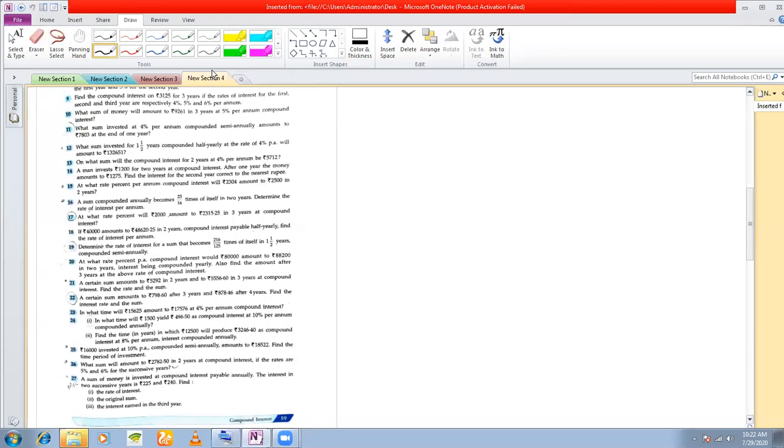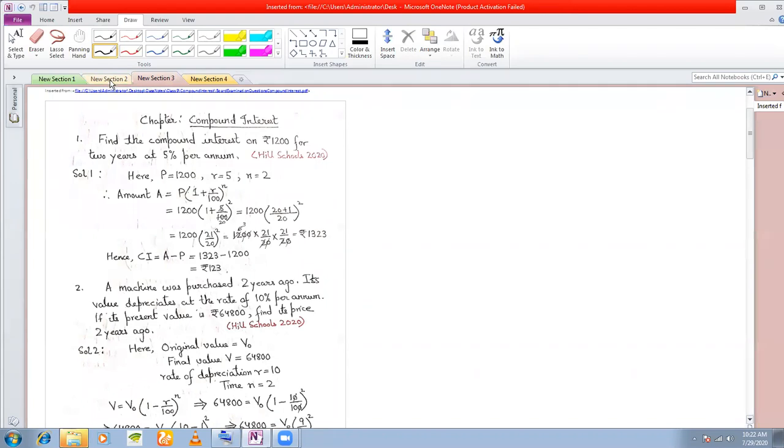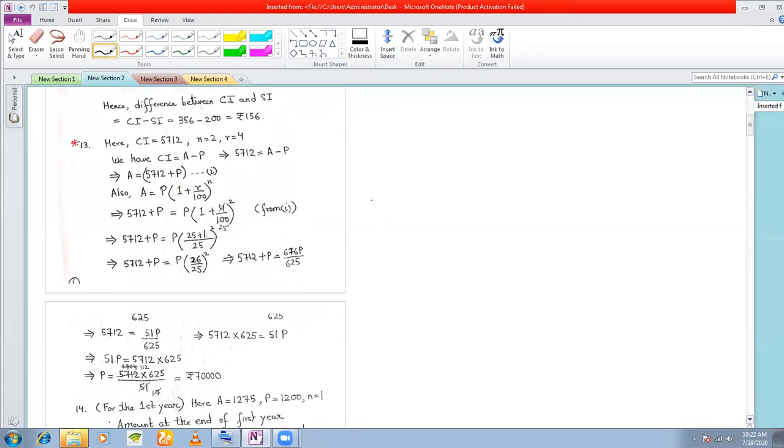Time is 2 years, rate is 4%. That means the compound interest is given to you. You will have to calculate the sum invested.